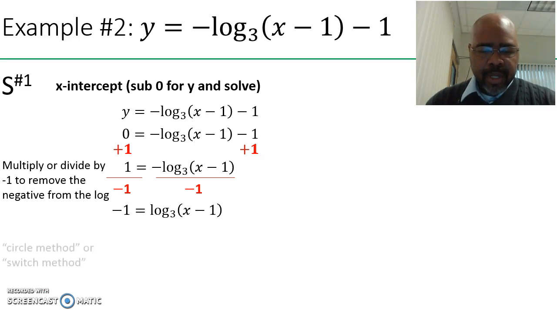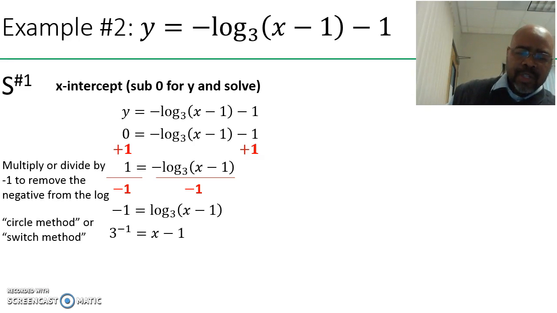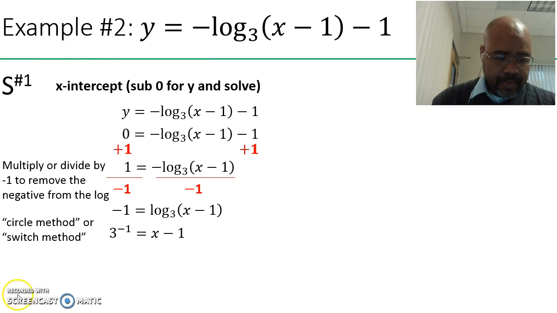So now I can use my circle method, my switch method. The base of my log becomes the base of my exponent. And so we have 3 to the -1 equals x minus 1.